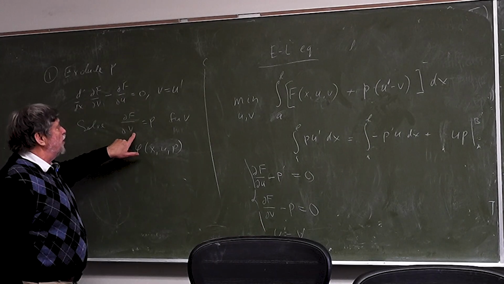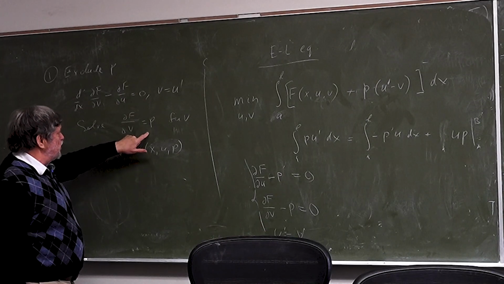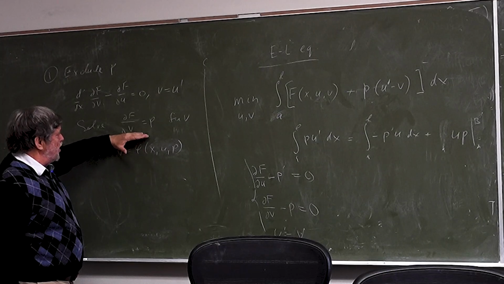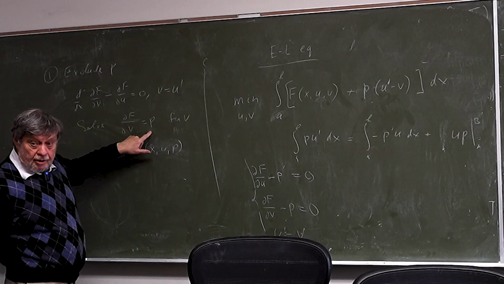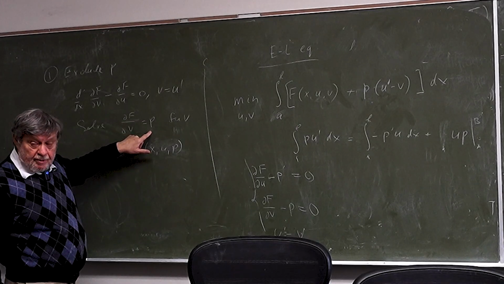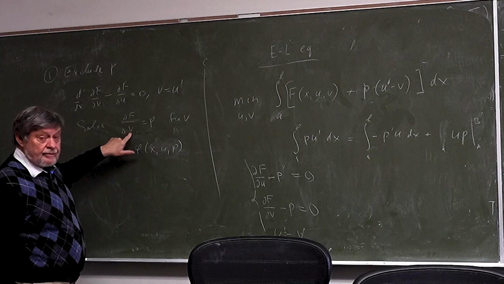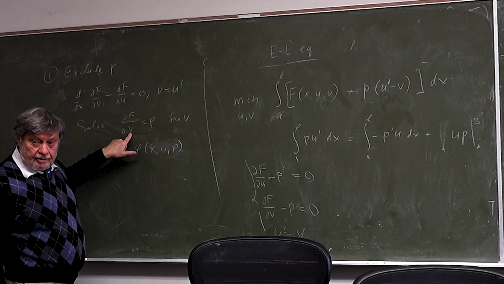Is it possible or not? It is possible when df/dv is monotonic with respect to v, which means that f is convex with respect to v.